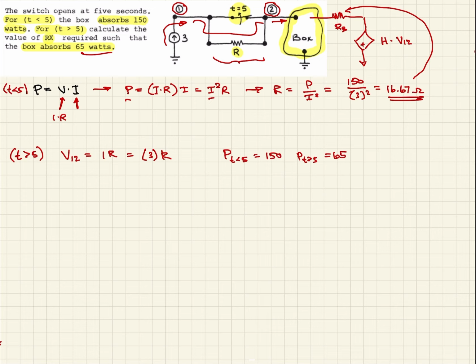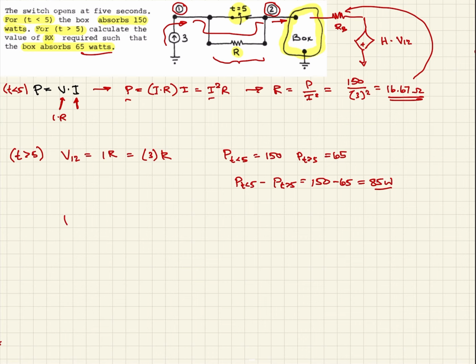And so the difference in those, P for t less than 5 minus P for t greater than 5, that'll be 150 minus 65 is equal to 85 watts. So this is what the voltage source must supply to give us that difference.